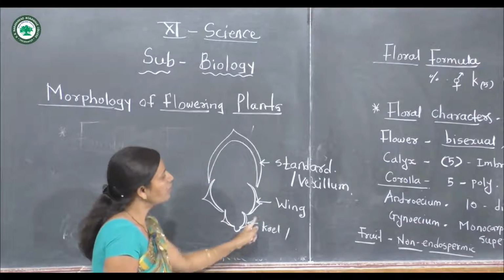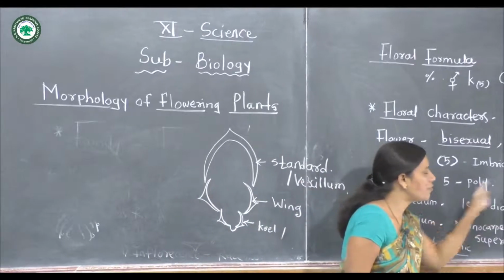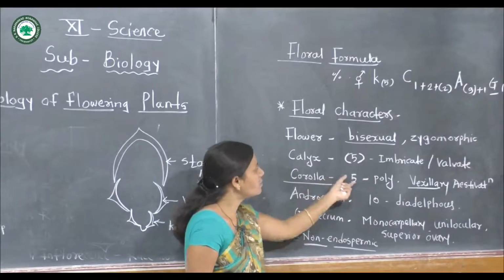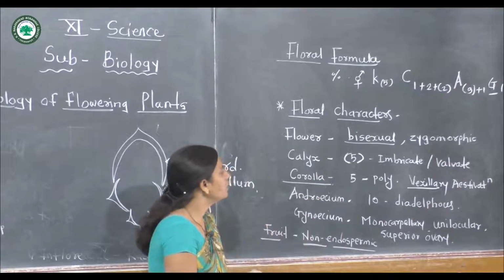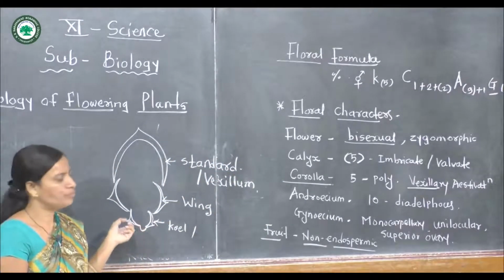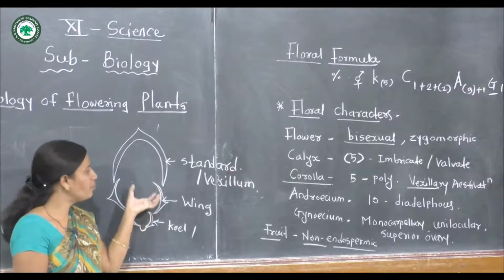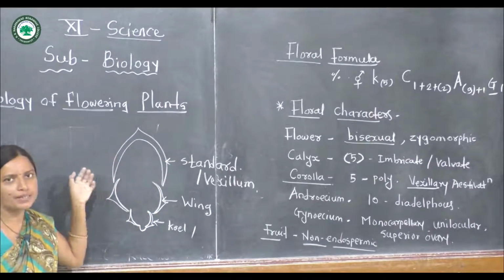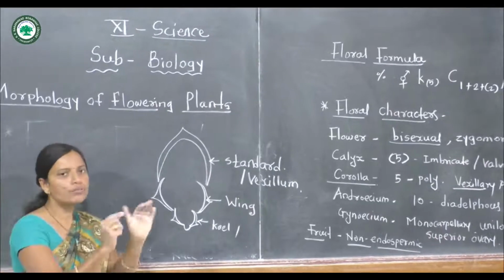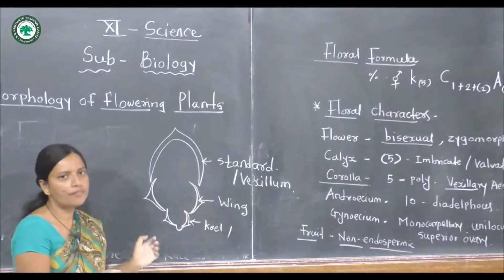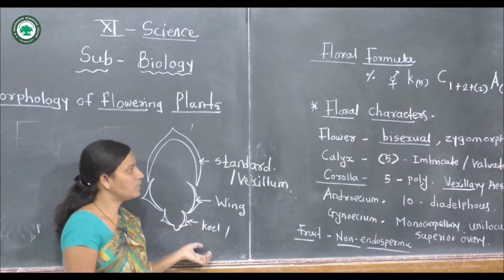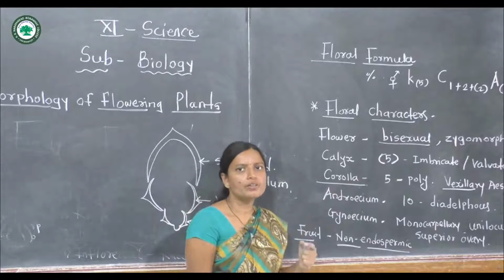And this type of arrangement is called the vexillary type of estivation, means the 5 petals are free from each other, and in this corolla of the pea flower it is a vexillary type of estivation. Of the 5 petals, the first petal is the largest and free, and it is called the standard. The 2 lateral petals form wing-like structures, and the 2 innermost are joined, shortest, and called the keel. This is vexillary estivation in the pea flower.